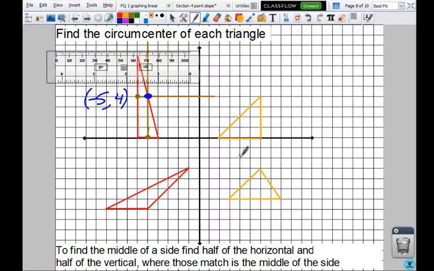We'll do this one down here together just because they're not always really nice sides. And then that'll be it. Kind of a short lesson today. So find the circumcenter on that top right triangle.